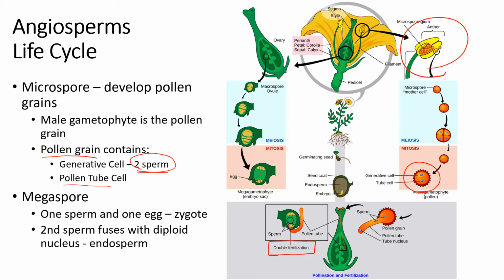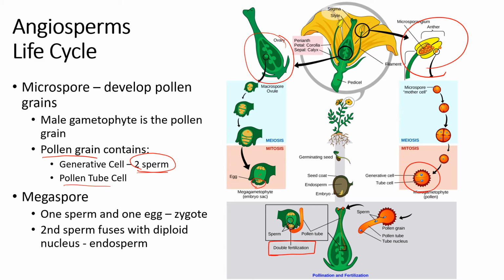Now let's go over to the female side and notice that in the ovary, there are multiple ovules, which contain the egg. As you see, it's pretty small, but the egg is here, and we see that there are these two nuclei. Those are the two nuclei that the second sperm is going to fuse with to form the endosperm.